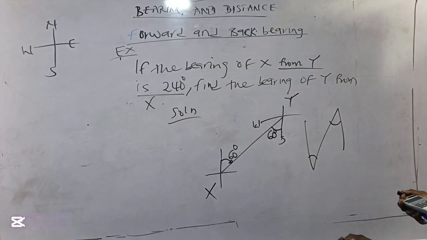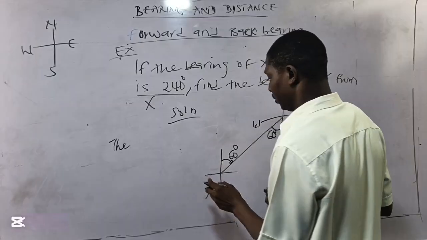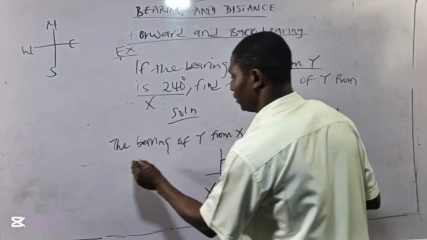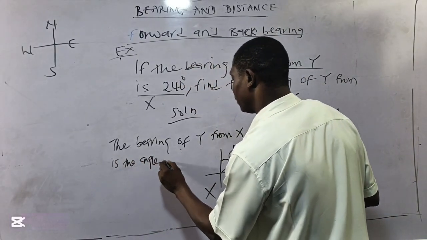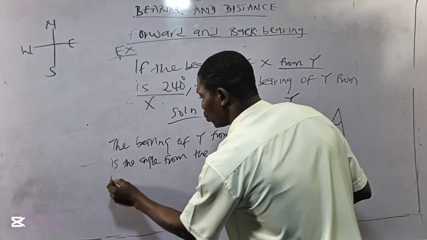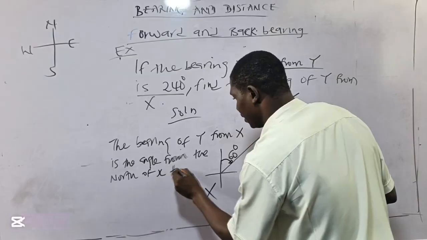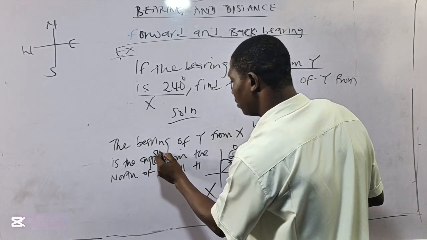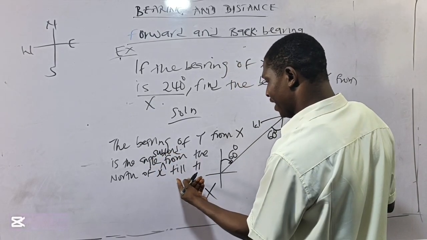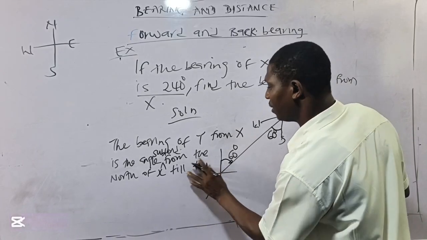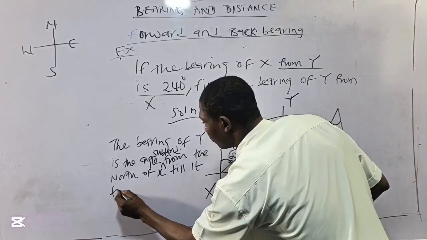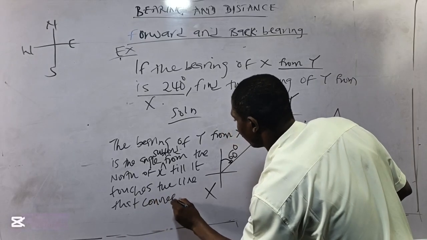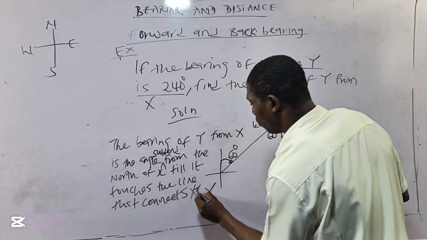So the bearing of Y from X is the angle from the north of X till it touches the line that connects X, Y, this line.